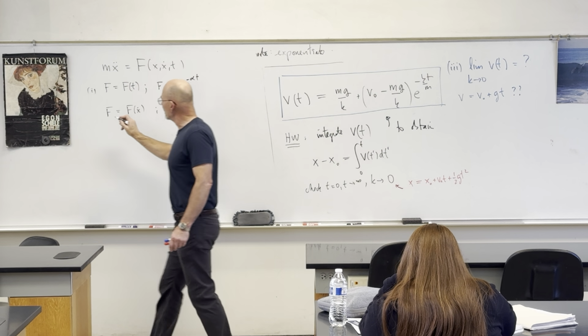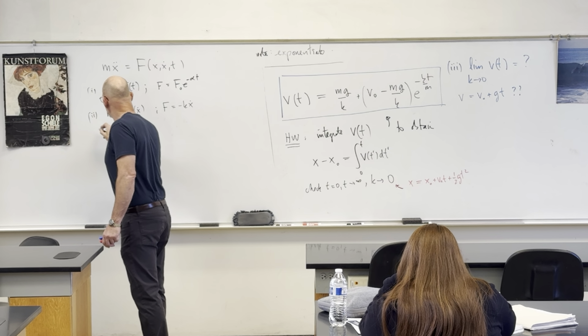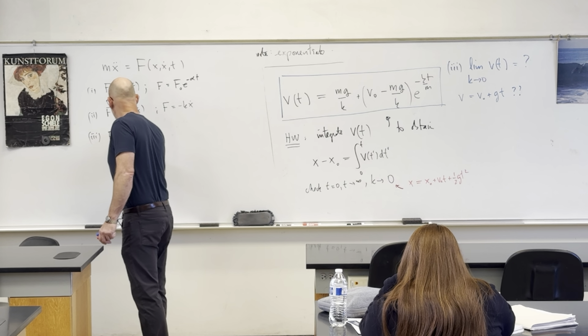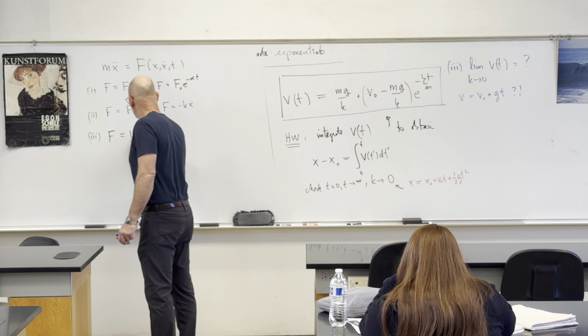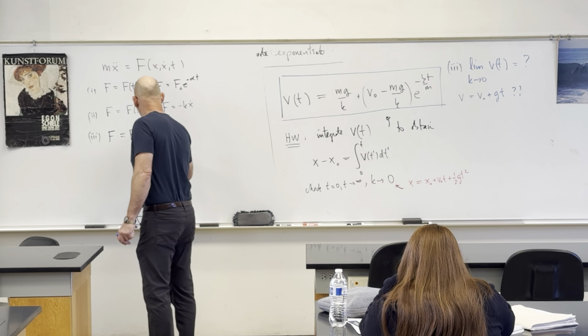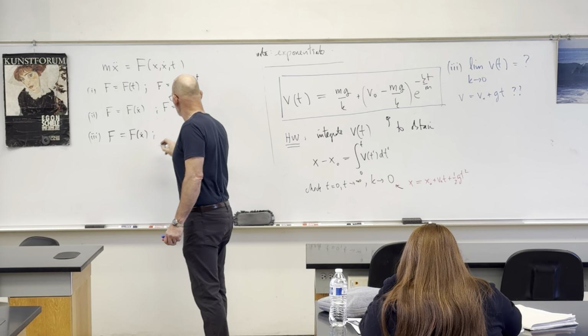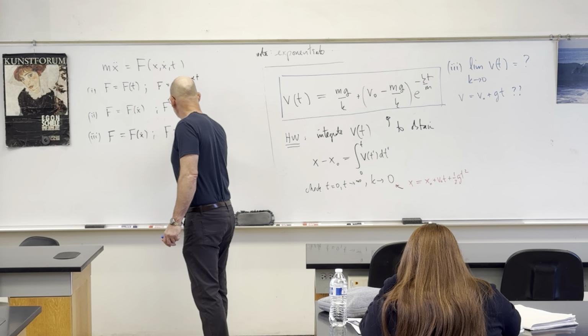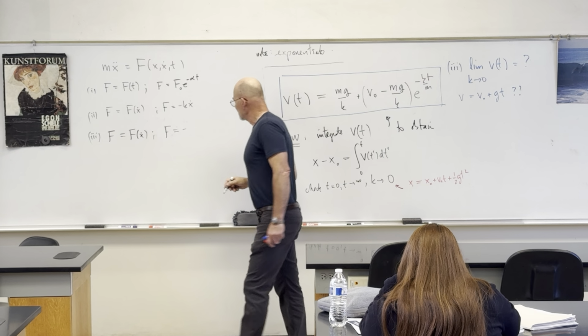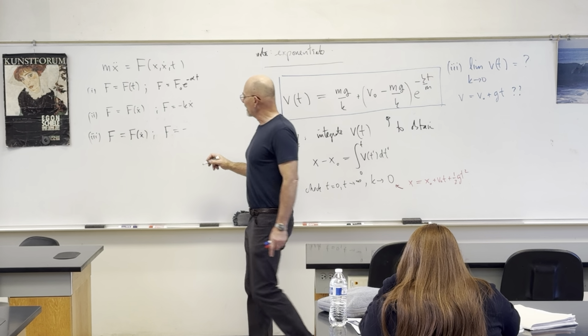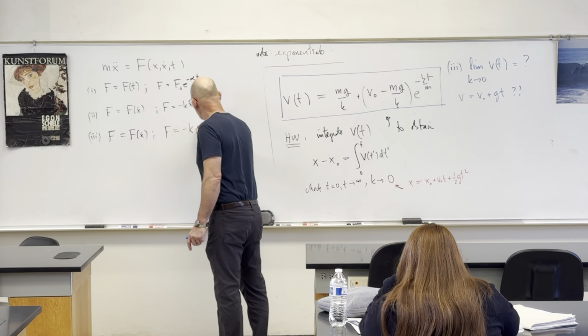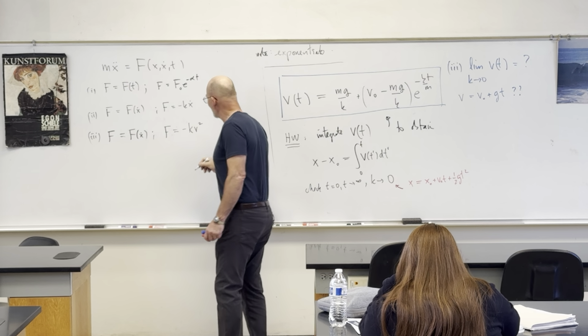Another interesting one would be F equals F of x dot. Here we would do F equals minus, I'm going to use the same letter, different dimensions, minus k b squared.